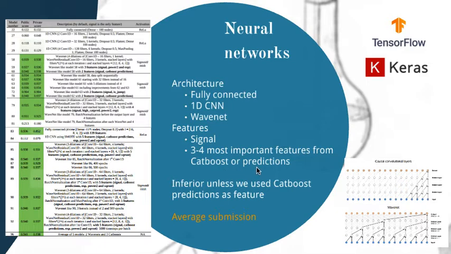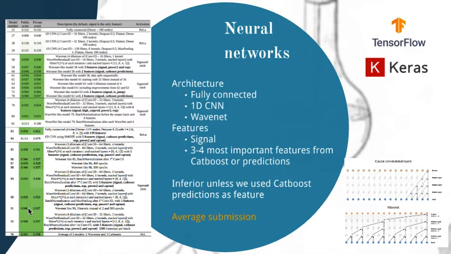And then we also used the CatBoost predictions multiple times, and those were actually the best models. So we were able to reach 0.94, but only when using CatBoost prediction. So at that point, how different is it from using CatBoost directly, really? So for all of our top performing models, we used CatBoost.